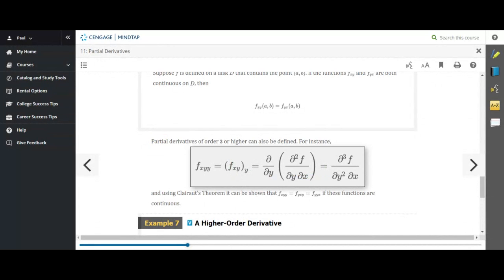If you wanted to find f sub x, y, y, the order in which you would differentiate would be, I want to say it the right way. Let me show you how I do this. Hold on. This is fine, but let me bring up the whiteboard here.